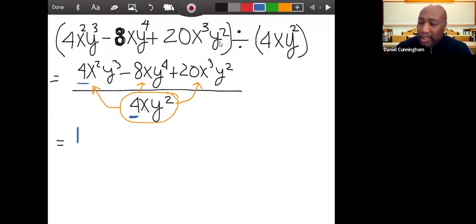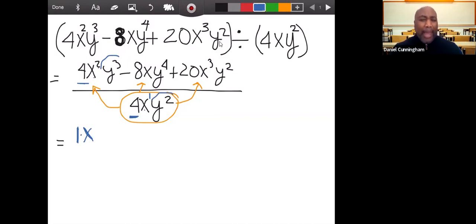Then you do the x and x squared. Since we're dividing, it'll be 2 minus, here we go, there's some invisible 1, 2 minus 1, because when you divide, you subtract the exponent. 2 minus 1 is 1, so that'll just give you x to the first power. So 1 times x. And then you have y cubed, and you have y squared.